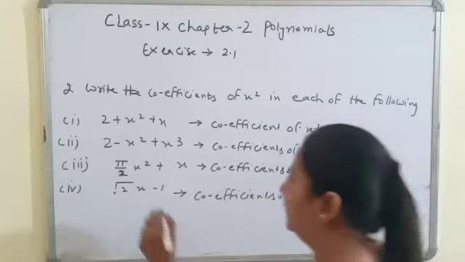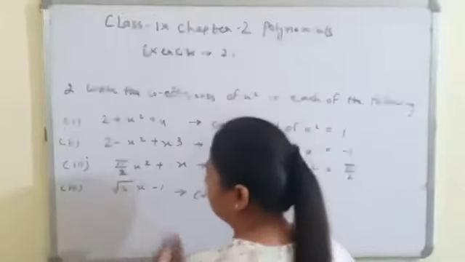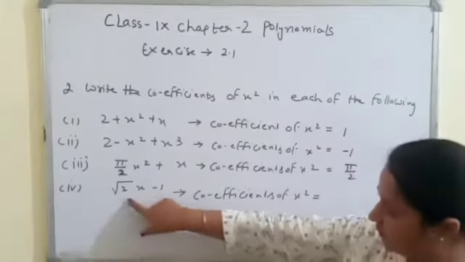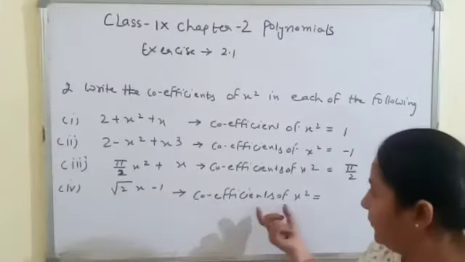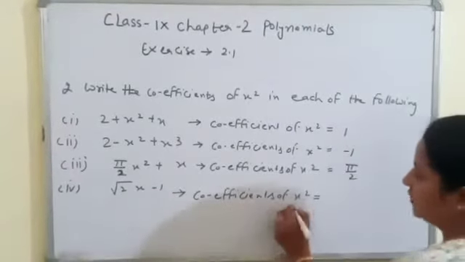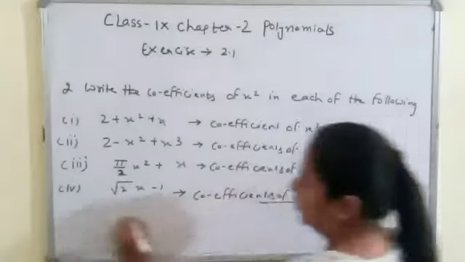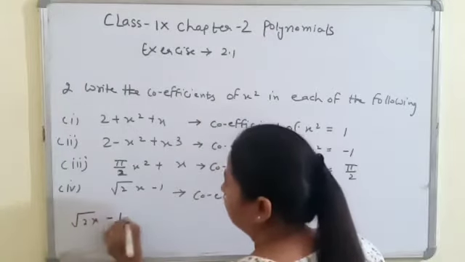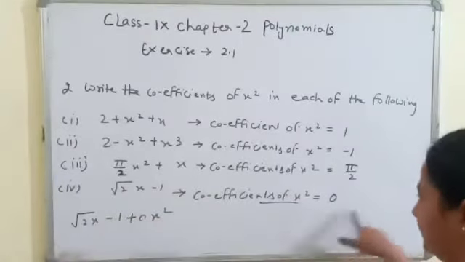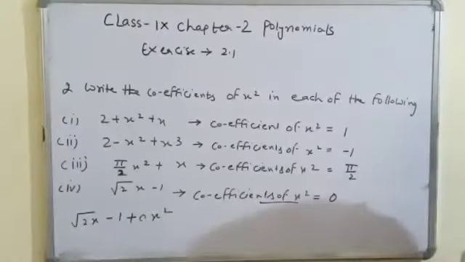You can see here there is no term having the variable with degree 2, x square is not here. So we can write the coefficient of x square is 0, because 0 x square. So the coefficient of x square is 0 here. Now this was the second question.